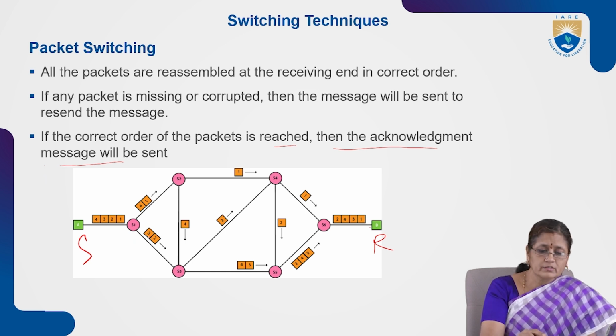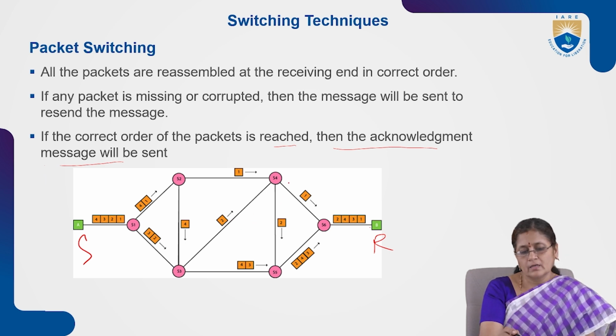Then 3 and 2 will travel from S1 to S3. Then 4 from S2 to S3. Packet 2 travels from S3 to S4 because of the information available in that particular packet, then afterwards it is sent through S4.